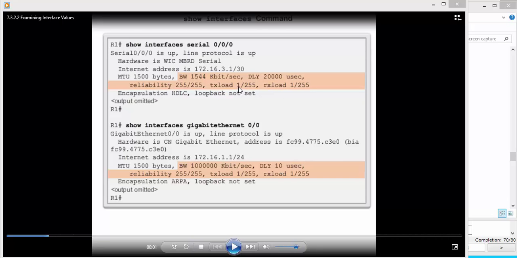You see over here is 1 over 255 transmission load, and receiving load is 1 over 255. When it's 255 over 255, it is completely saturated, and it is calculated as an exponential average over 5 minutes.